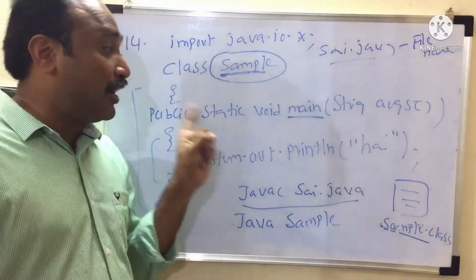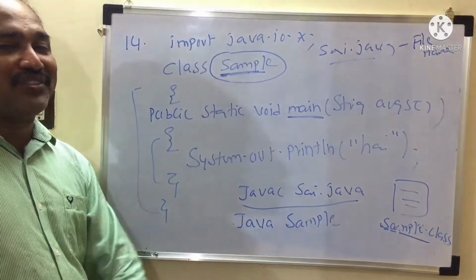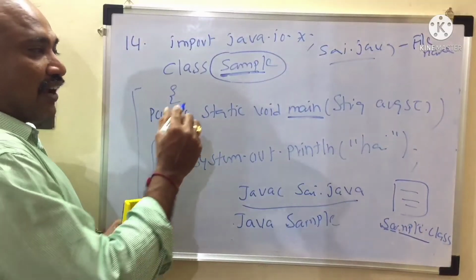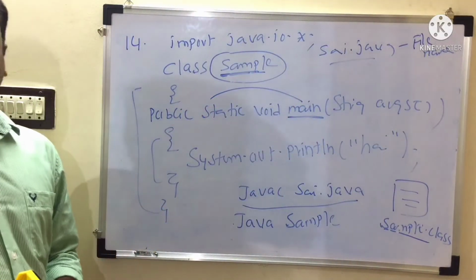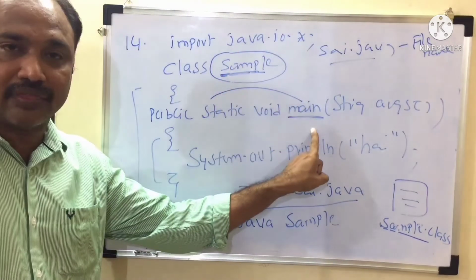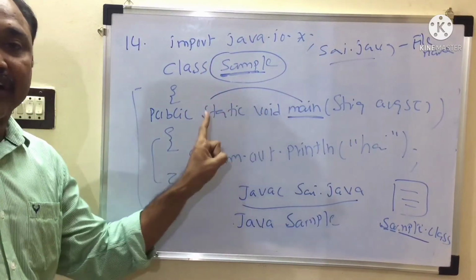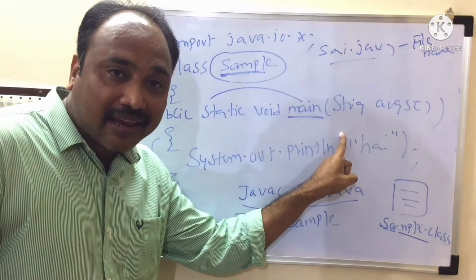In a previous video, I explained public void main, but I did not explain static because I just explained it now. If a class contains a static method, there is no need to create an object. They will be executed as class name dot method name. Because our main is static main, it will be executed as sample.main.